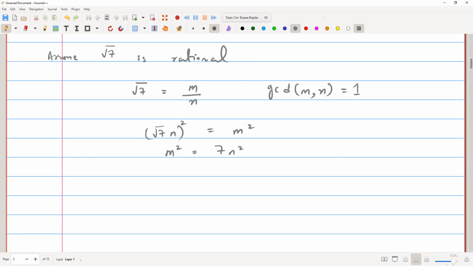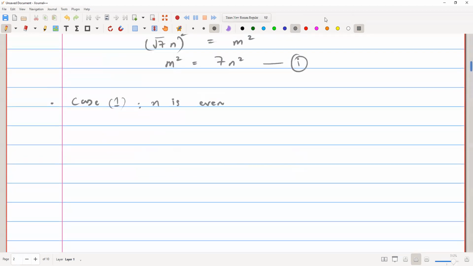Okay, now we have the equation m squared equals 7n squared, and we may have two cases here, right? Case 1 is that n is even. If n is even, then 7n squared will also be an even number.